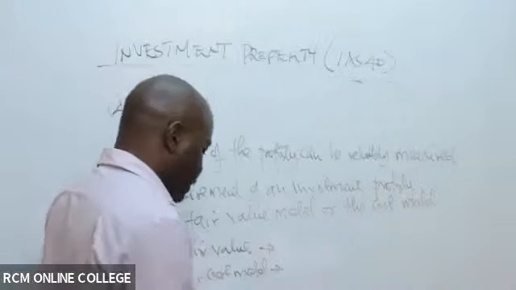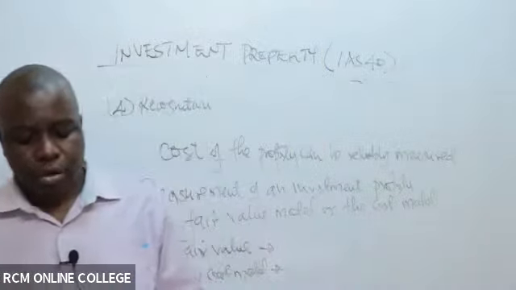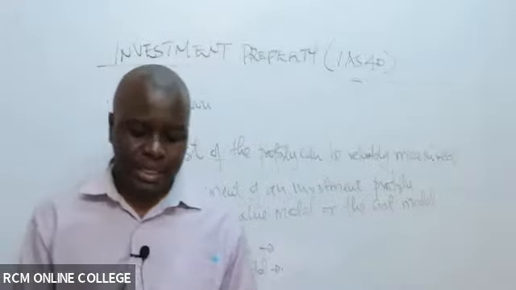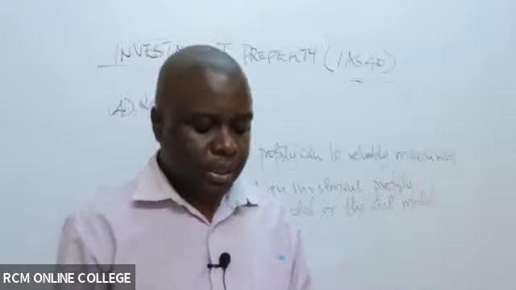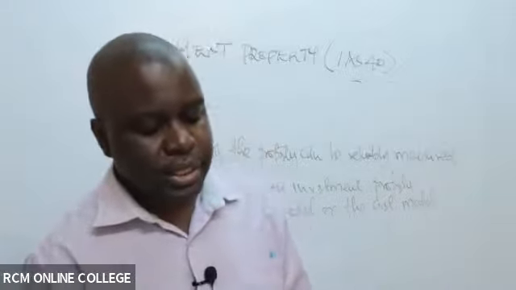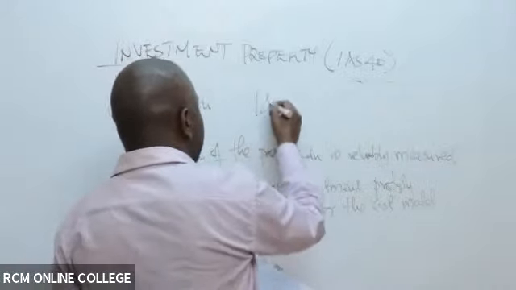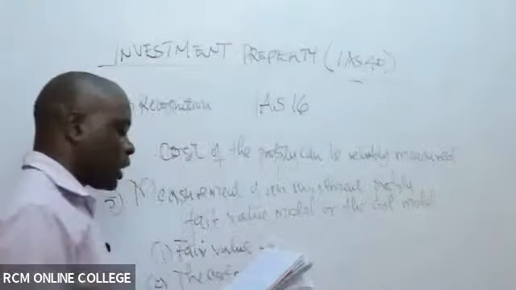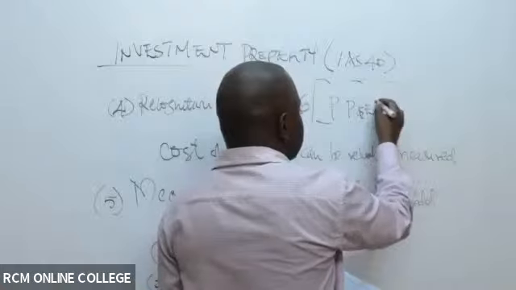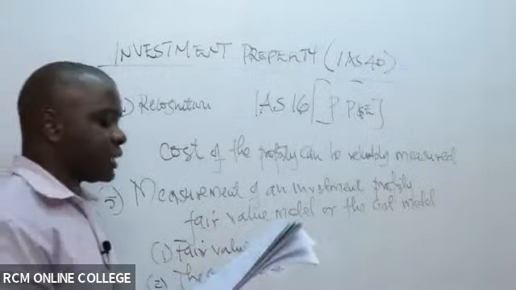You can put a semicolon and say, after initial recognition, investment property will be accounted as per International Accounting Standard number 16, IAS 16. In brackets, you put property, plant, and equipment, or PPE. This particular IAS deals with property, plant, and equipment.